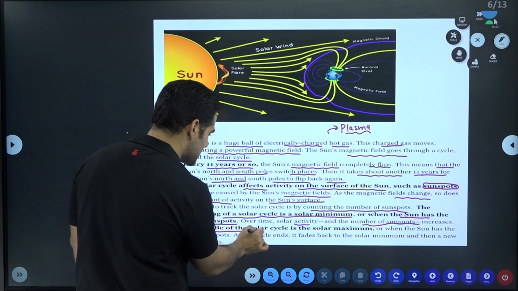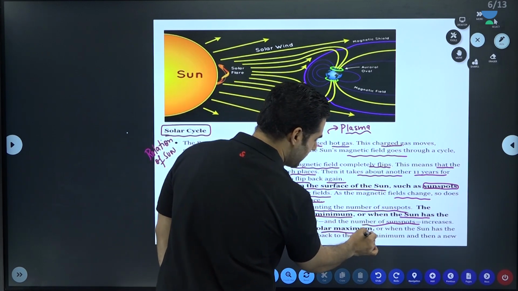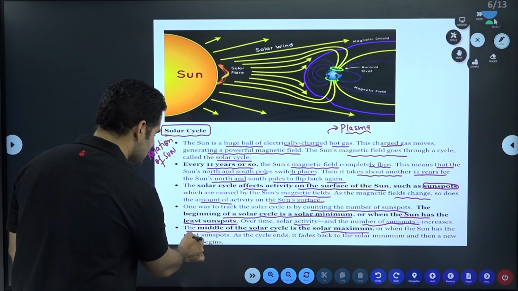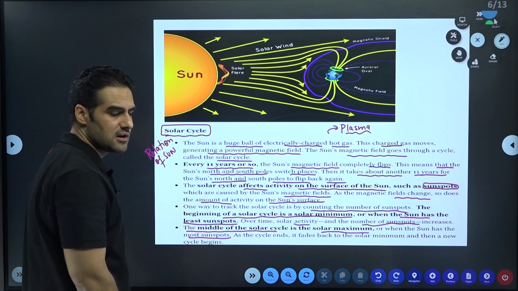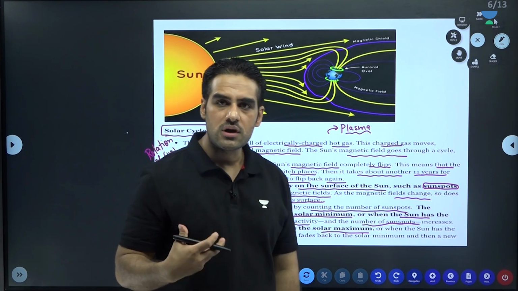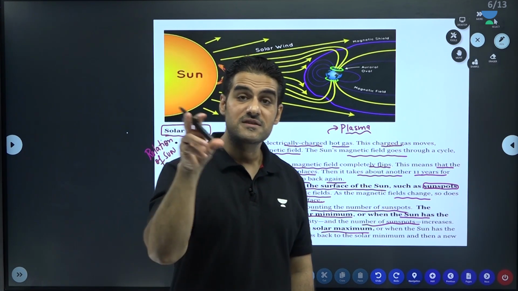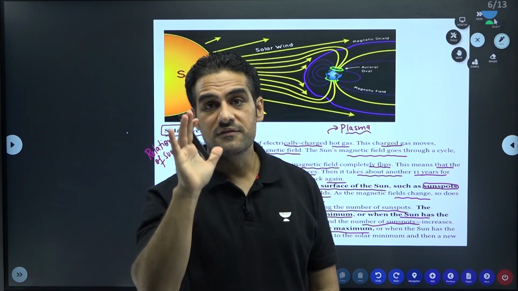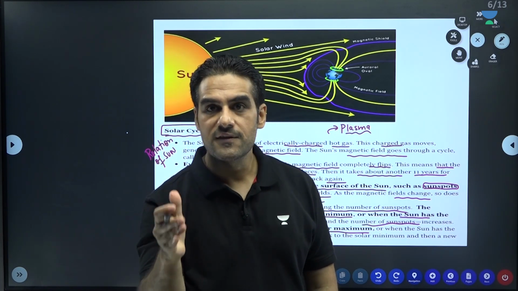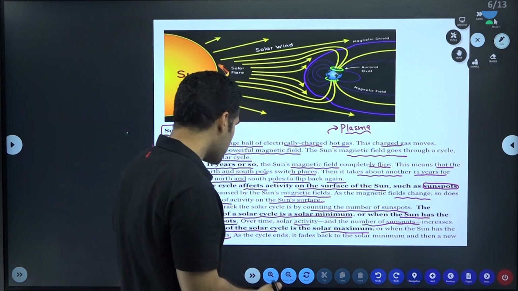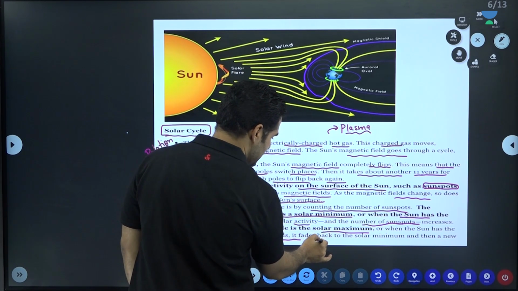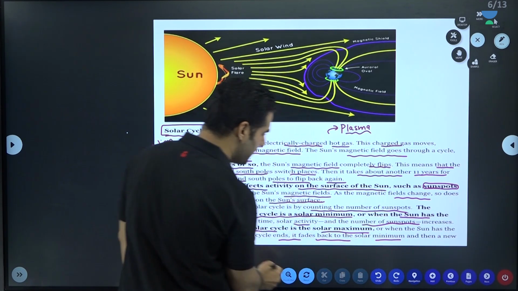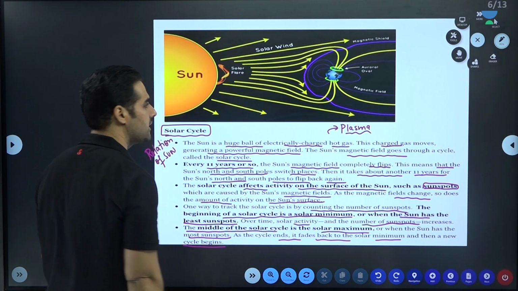The middle of the cycle is the solar maximum, or when the sun has the most sunspots. ये visible कहाँ है? याद रखना, the visible part of the sun surface, which is photosphere. As the cycle ends, it fades back to the solar minimum and then a new cycle begins.